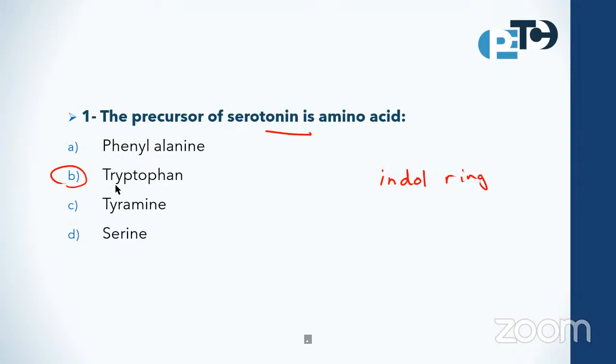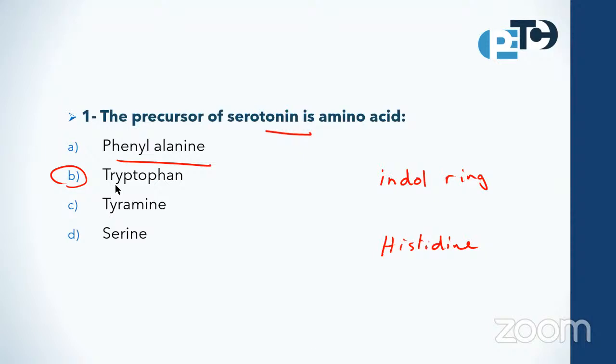While a neurotransmitter like histamine, what is the amino acid that is its precursor? It is histidine. About phenylalanine, is it a precursor for any neurotransmitter?